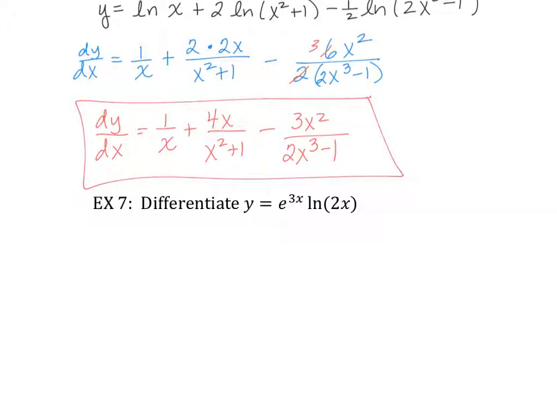And lastly, I just put this guy in because, once again, you got to remember all of your other rules. You got to remember product rule, quotient rule, chain rule, trig. I just can put more different things. So let's get after it. Hopefully, when you see this, you see a product.